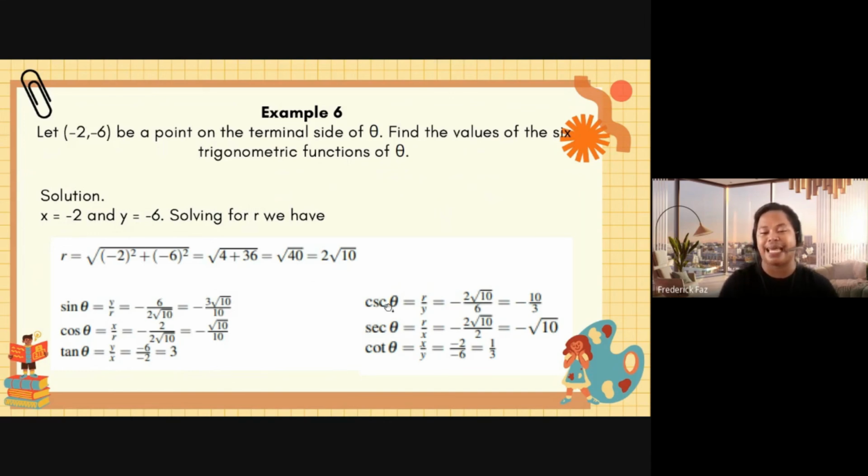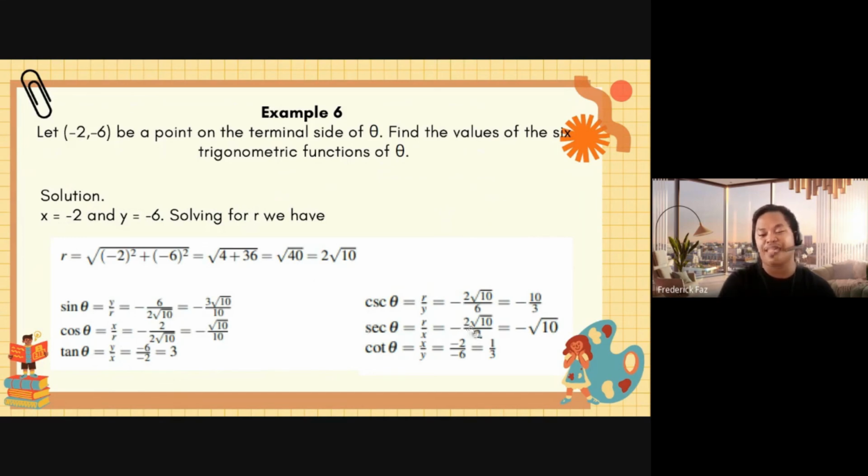For cosecant theta, we need to take the reciprocal of sine, r over y. From the given, 2 square root of 10 over negative 6 simplifies to 1 over 3, so it should be negative square root of 10 over 3. For secant theta, the reciprocal of cosine, r over x.